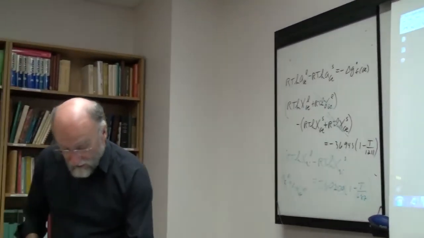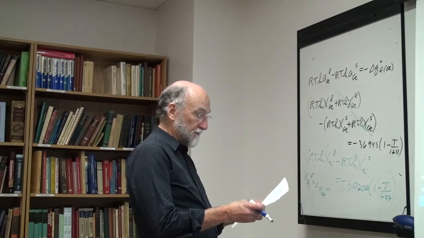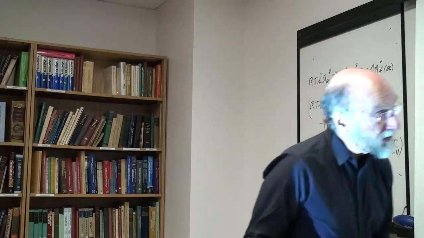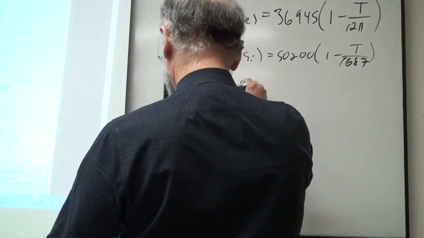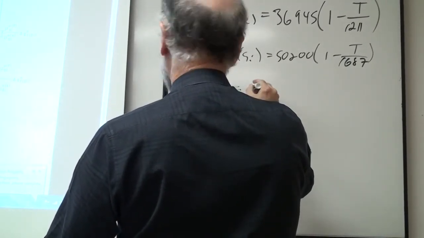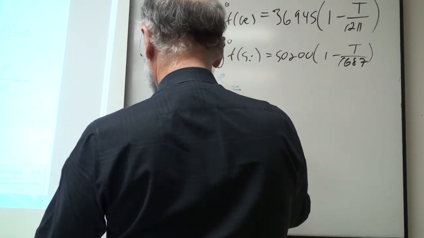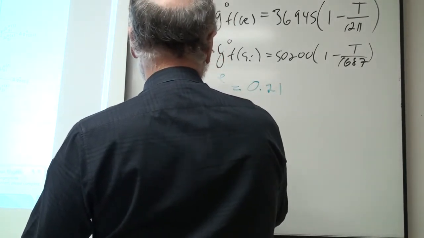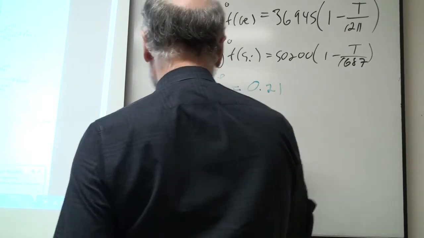Think about it. My solution, if you want to work the thing out for yourself, was that X silicon on the liquidus was 0.21, and X silicon on the solidus was 0.49.